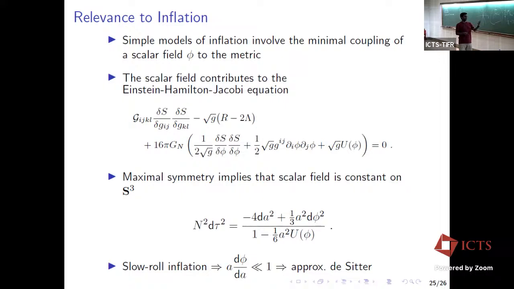The way one goes about doing this is to postulate a path, that is, give some d phi over dA at each point along the path, plug that back into the equations, and then check whether the equations have a consistent solution for that choice of d phi over dA. So for instance, this condition is not sufficient to ensure a solution.